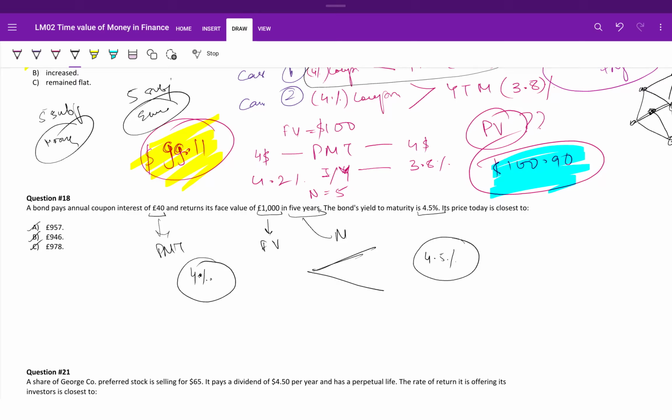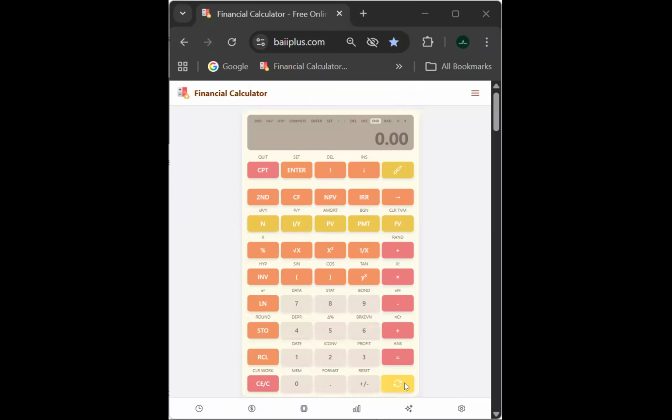In this question, we do not have any advantage of using this information. So what we will do is plug these numbers into our calculator and quickly figure out the present value.